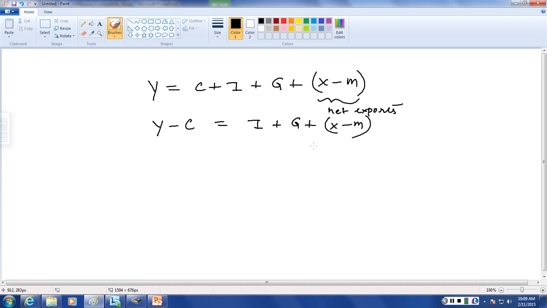Now what is Y minus C? Remember, Y is GDP, but it is also the income of households, and this we know from the circular flow of income. Is that correct? Because we know that every penny that comes into the cash registers of firms makes its way back into the pockets of households as factor payments, right?